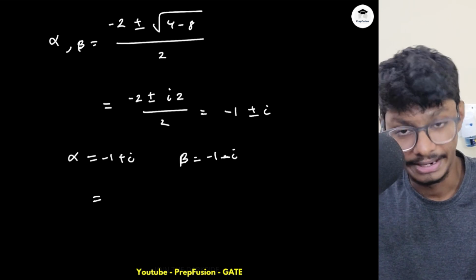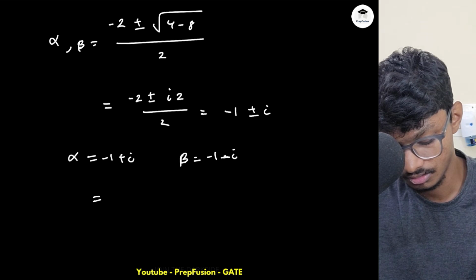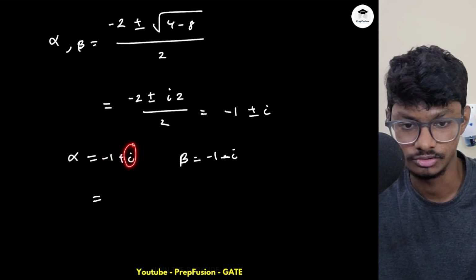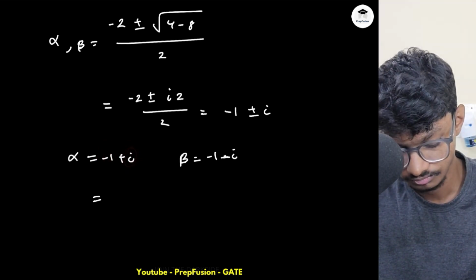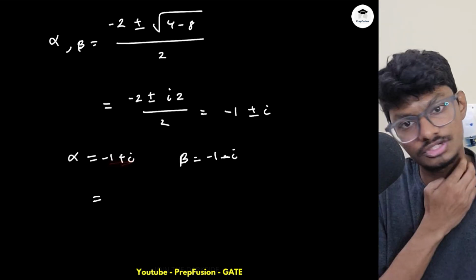So minus 1 is cos of pi, but I have i also here, so it can't be equal to cos of pi. So what can it be equal to? What is the magnitude? Magnitude is root 2.